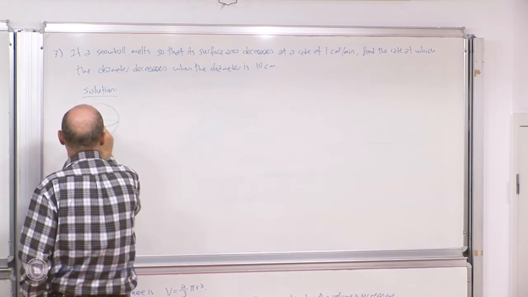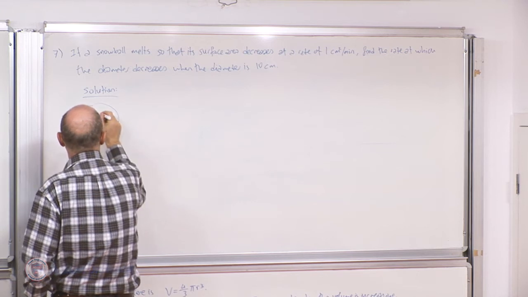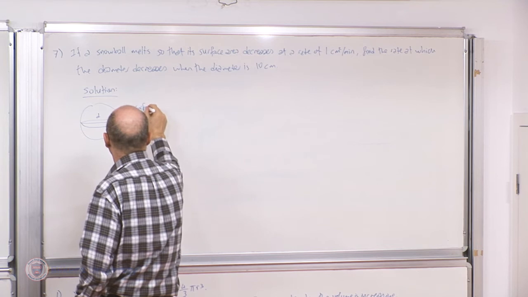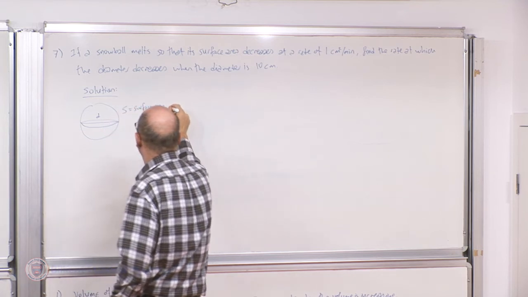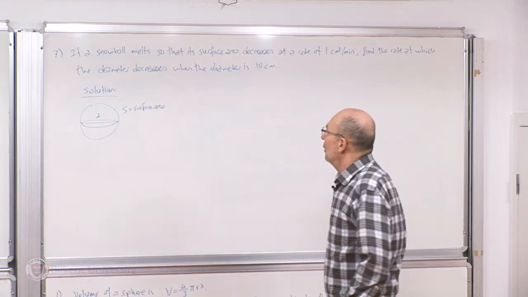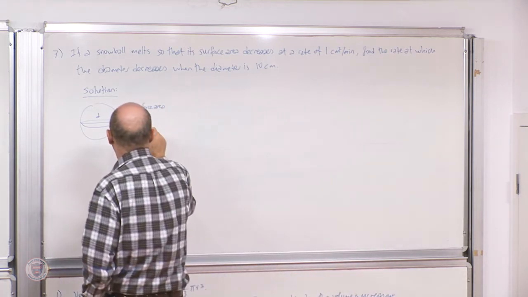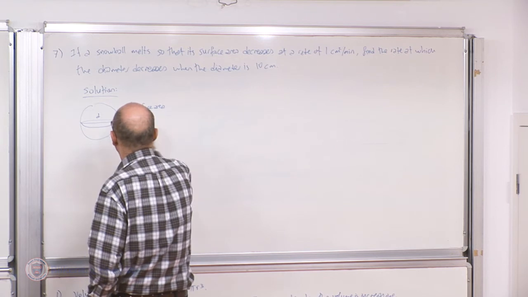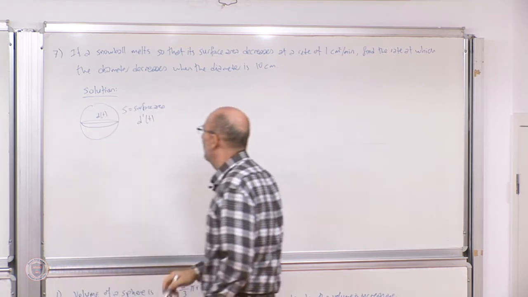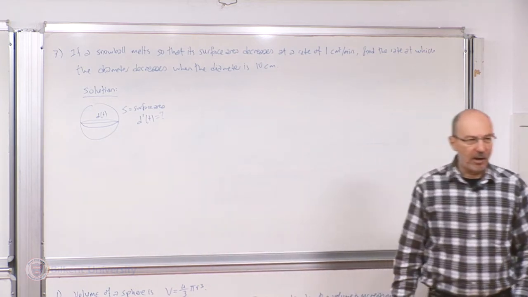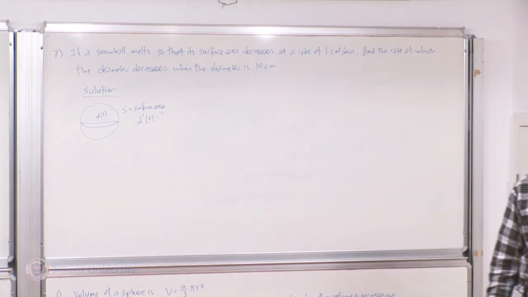Maybe in the picture we have this diameter D, and S the surface area. The question is to find D prime with respect to time. So this depends on time. S prime is 1. This is all we can get from the picture.